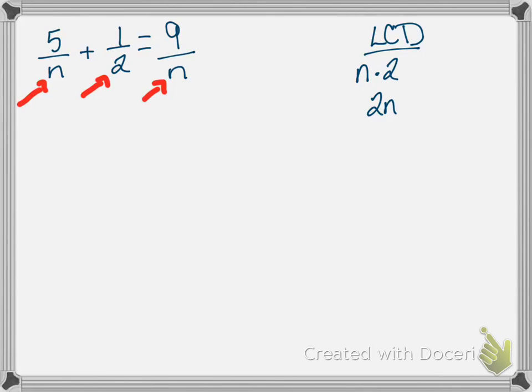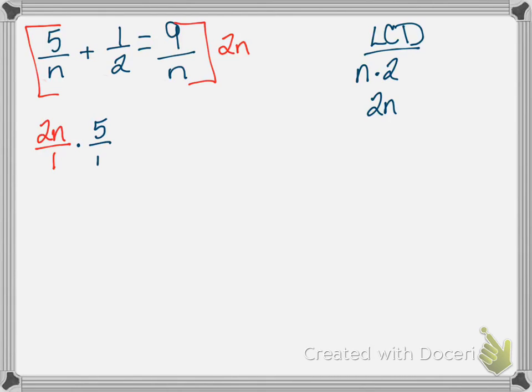2n is my LCD. So what we're going to do is we're going to multiply this entire rational by 2n. Okay? So I'm going to say 2n over 1 times 5n.